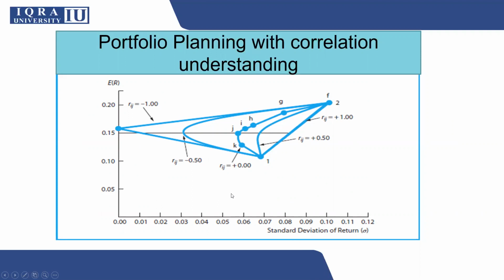If you find certain stocks that show a negative correlation of 0.5, then you can see that you can reduce the standard deviation from this limit to over here at 0.03, and you can also see that now your return is on a much higher side. So this presentation is simply showing that if you successfully get less correlation or even a negative correlation, you will be able to reduce your risk and you can increase the return too.